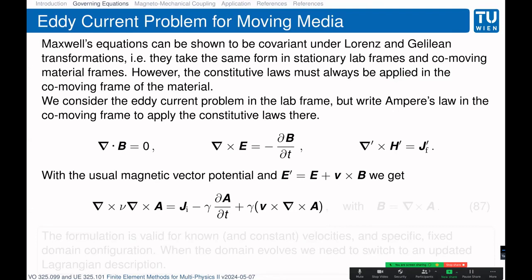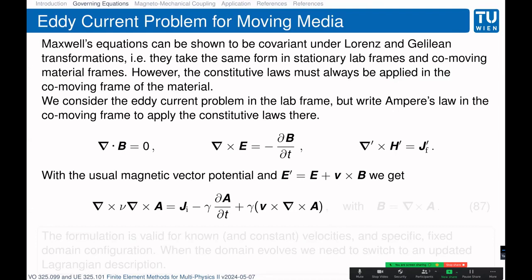And this gives this form. So divergence B, we had this; the curl of E is the law of induction. And finally, Ampere's law we write in the moving frame, because here we have the free currents. These are the eddy currents where we want to apply Ohm's law in order to bring the conductivity into the equations. There we then have to use, of course, the electric field also in the moving frame, so the E prime.